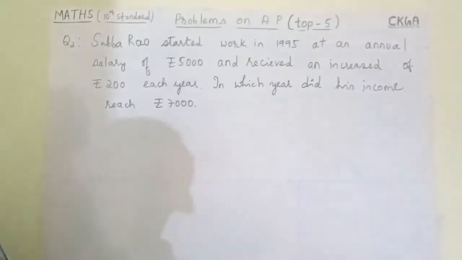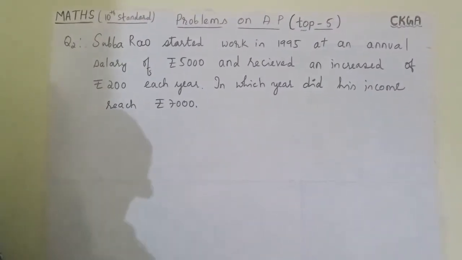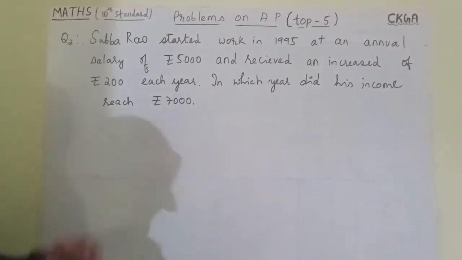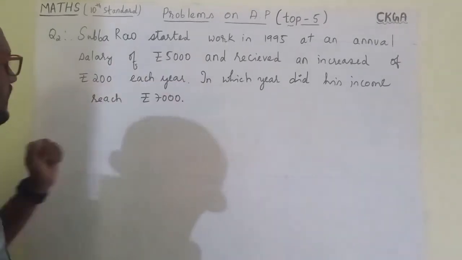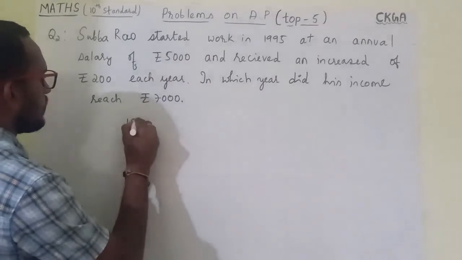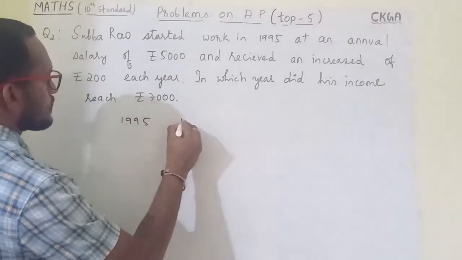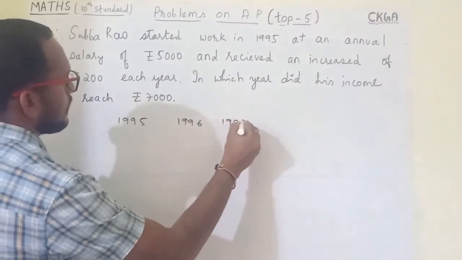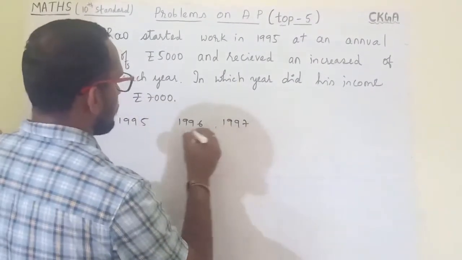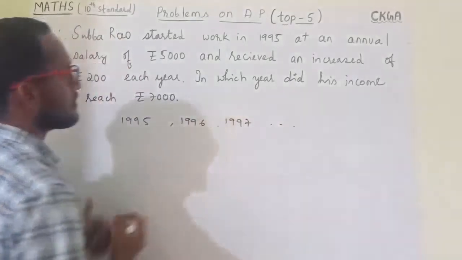So let's find a solution by using the concept of AP. Let me write a sequence by using the data they have given here. I'll start with 1995. Next year 1996, 1997, and we can keep on writing. I don't know which year.